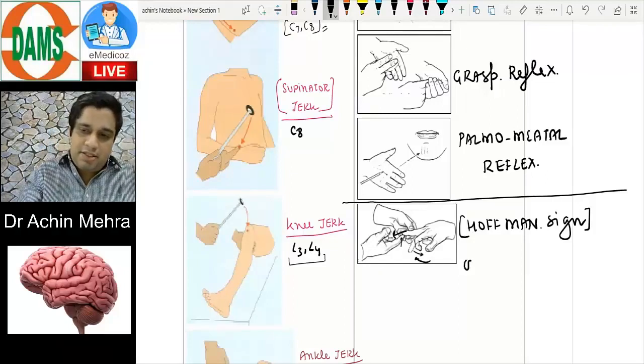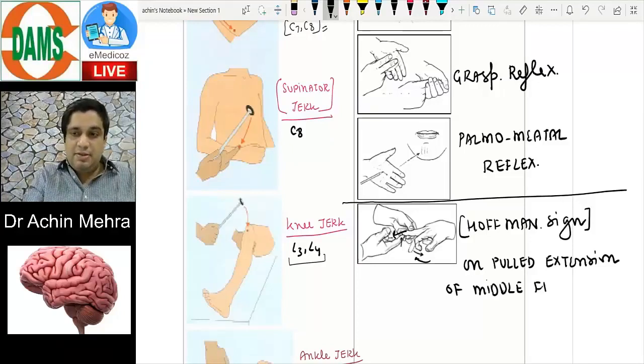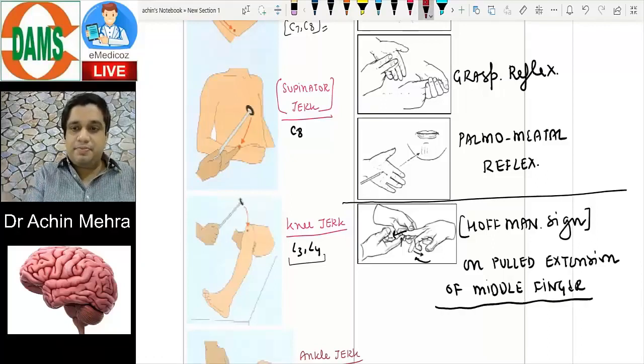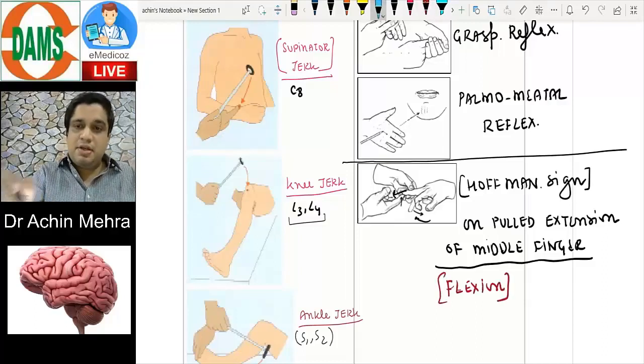So on pulled extension, I can use the word pulled extension because I try to pull it backward and extend it, pull extension of the middle finger of the patient's hand, there is a sudden flexion that we find in the patient at the level of the thumb and the index finger.